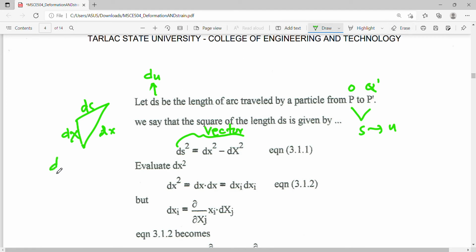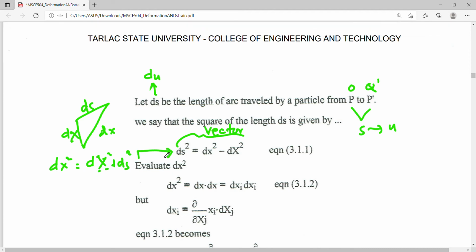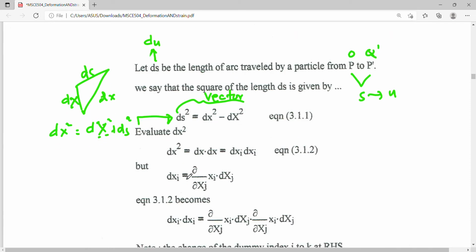okay, your dx squared is simply equal to dx squared plus ds squared. So this will form an equation in terms of a ds squared is equal to dx squared minus dX, capital DX, or d capital X squared, and evaluating dx in terms of an initial notation.